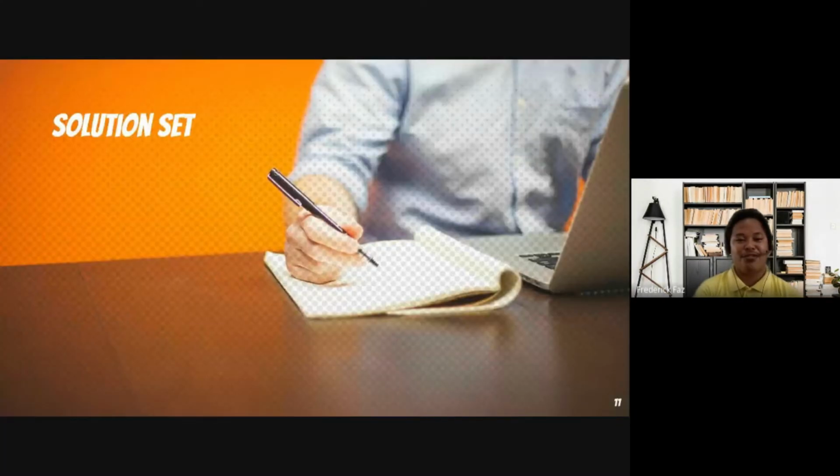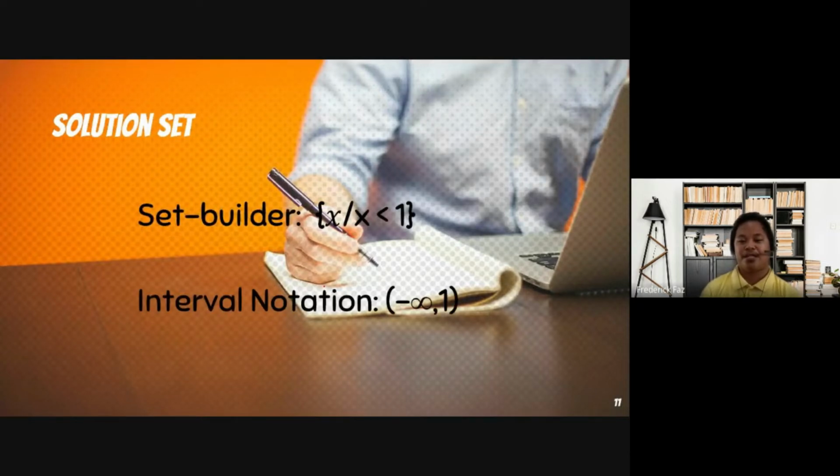In writing solution set, we have set builder and interval notation. So we are going to read this as x such that x is less than 1. So just copy the values that we have found on our previous slide po. X less than 1. X such that x is less than 1.